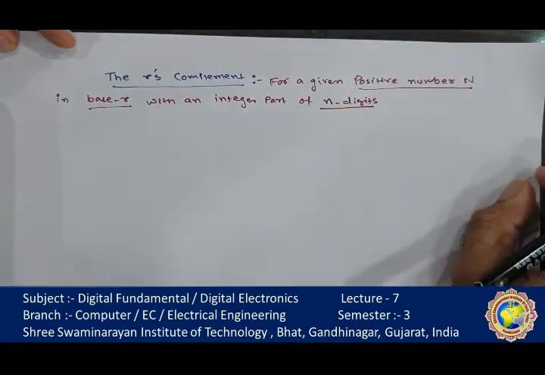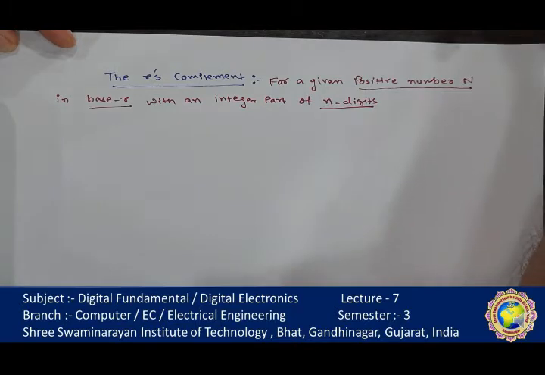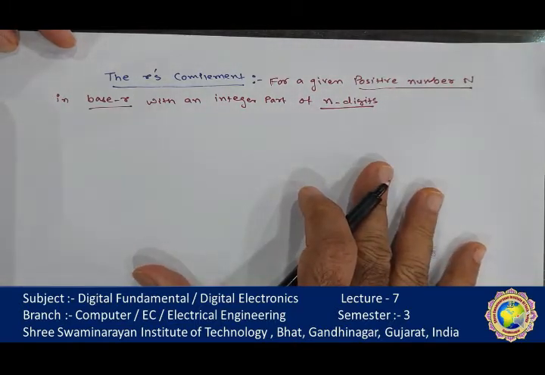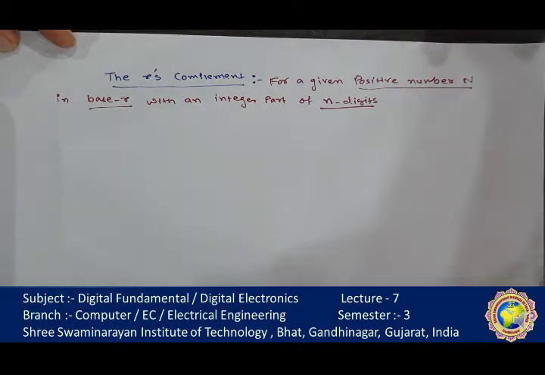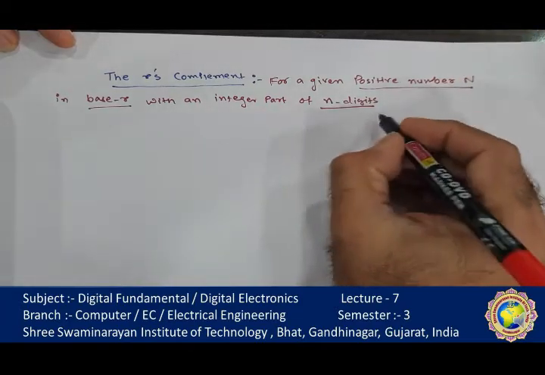This is the second condition. We are not talking about the fraction point, but the definition is applicable for fractional parts also; consider only the integer part of n digits. This is the condition.